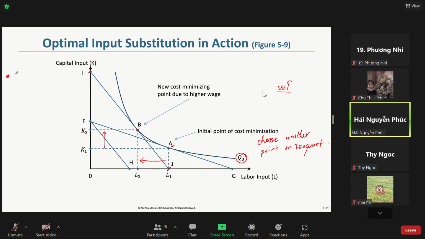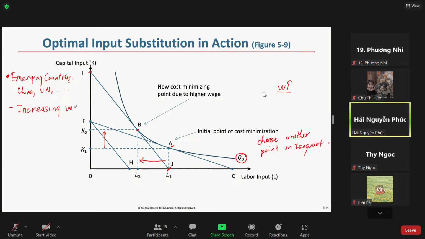We know that in emerging countries like China, Vietnam, and so on, the countries in Asia, there is a trend of increasing wages.